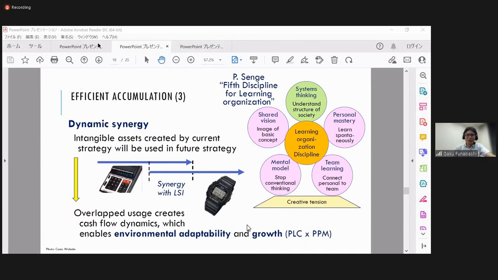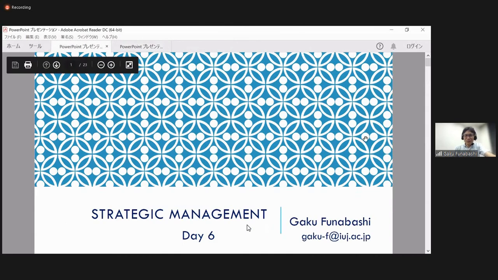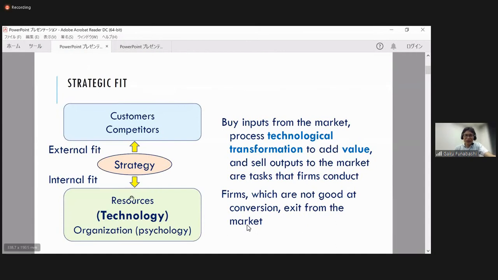Okay, so that is the material from yesterday. And even though it says day 6, today is day 7, but let me start explaining this material. Again, I still want to talk about resources, but today I want to focus more on technology, because basically any company, even a service company, is involved in technological transformation.